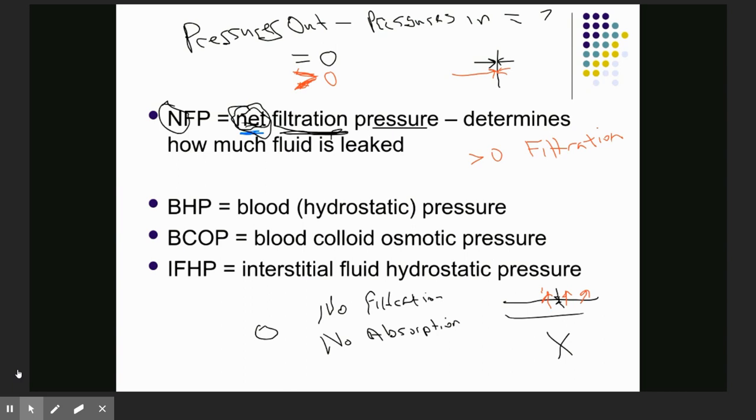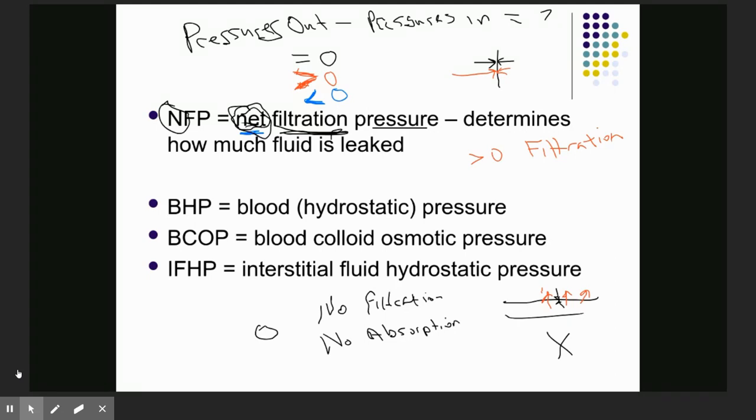But look, what if that's not the case? What if when we do this equation, the number is less than 0? If it's less than 0, that means the pressures in are bigger than the pressures out. What's going to happen then?